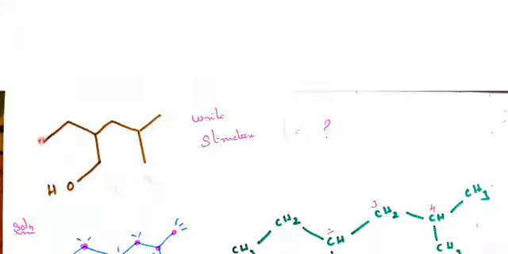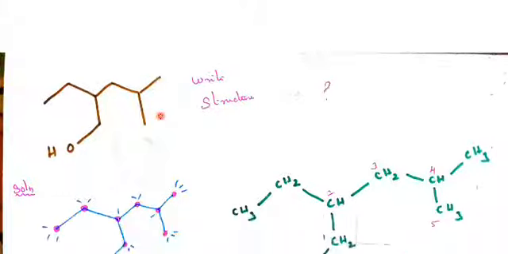Next, here 1 carbon, second carbon, third carbon, fourth, fifth, sixth. So 6 carbons are there. And here 1 carbon linked with OH. This is the main functional group. So put 1 carbon here.